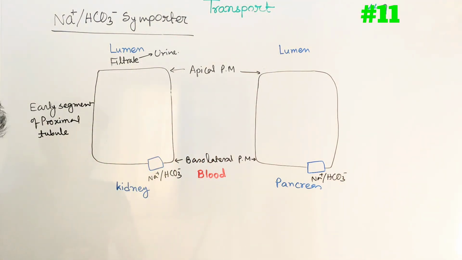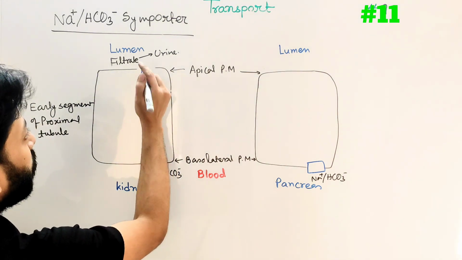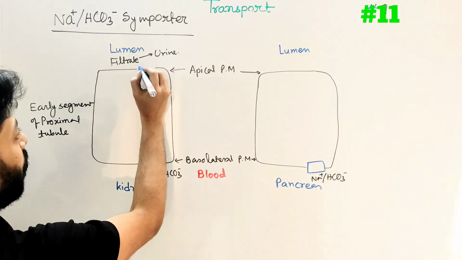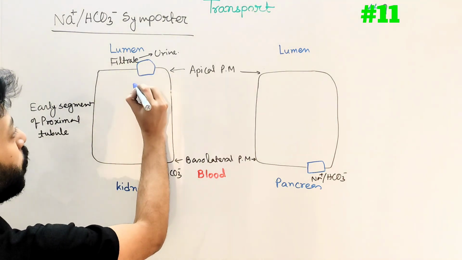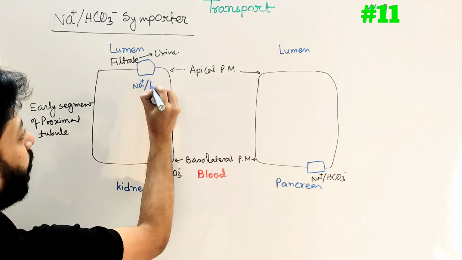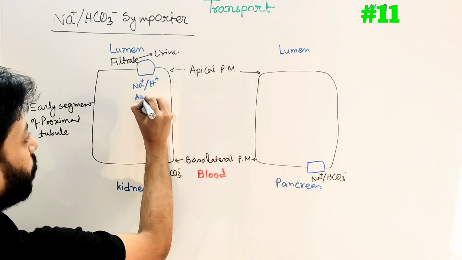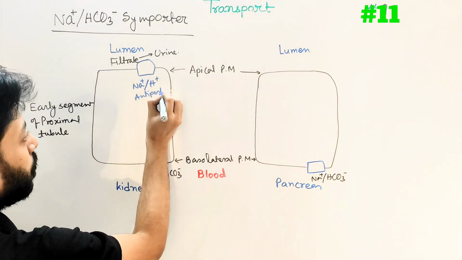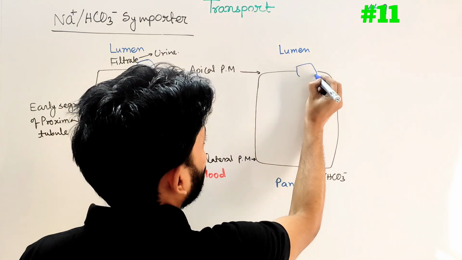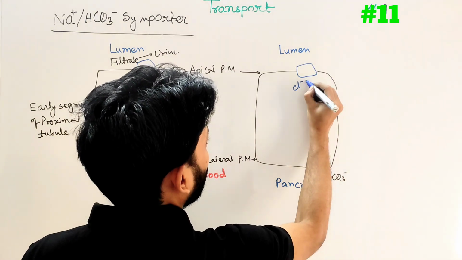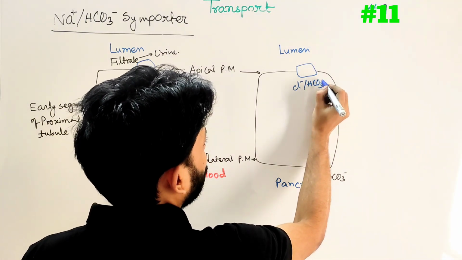Now in the apical plasma membrane, they contain two different antiporters. In case of the epithelial cells present in the proximal tubule, there is a sodium and hydrogen antiporter. And in case of pancreas, this is chlorine and bicarbonate antiporter.